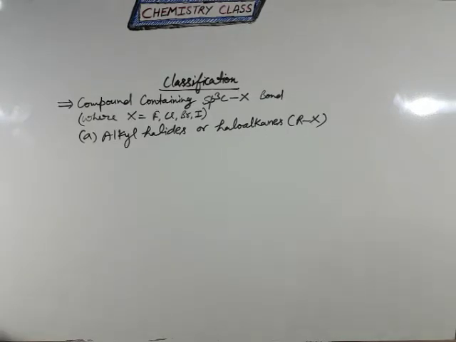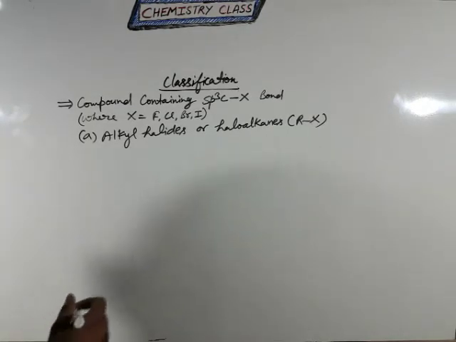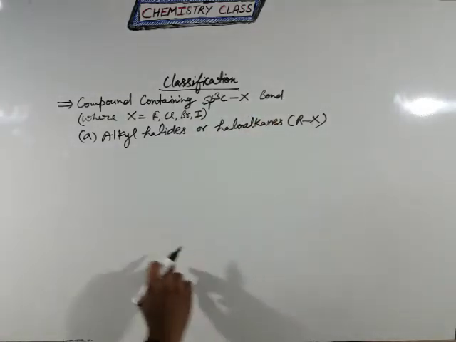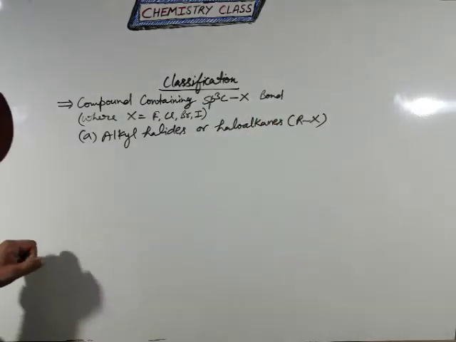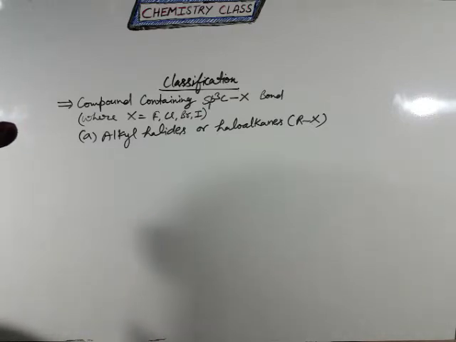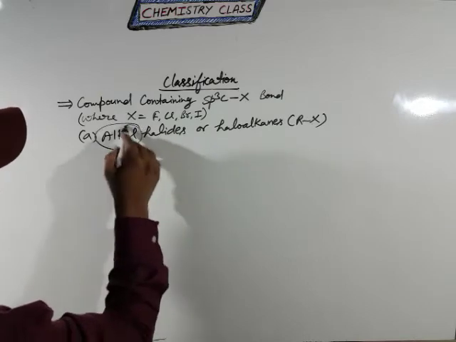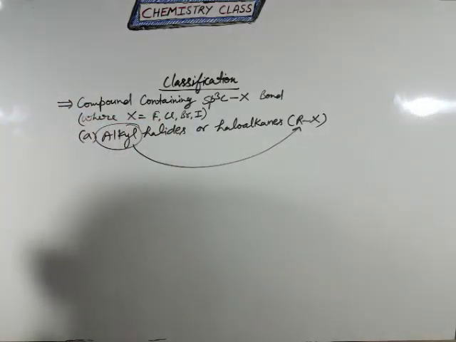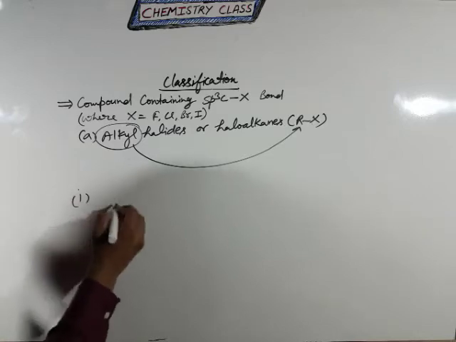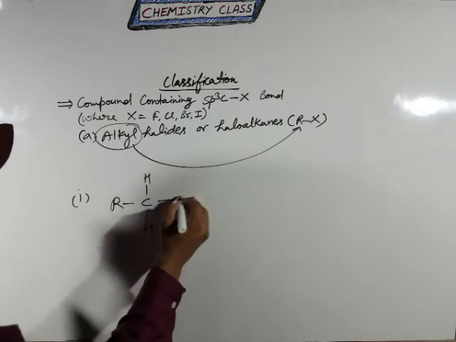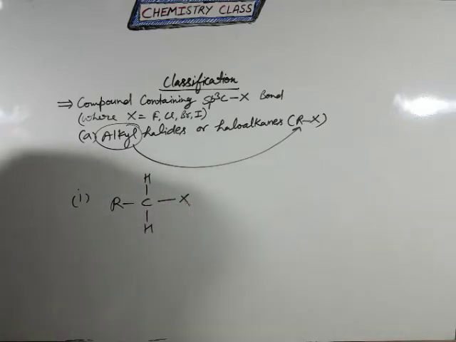Now come to the classification based on the sp3 C-X bond. In this case, based on the hybridization, we will first classify alkyl halides or haloalkanes. Alkyl means the representation is R. Clear? So students, if you take the example R-C-H-H-X. Clear?